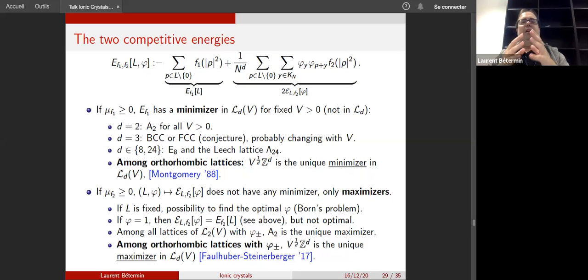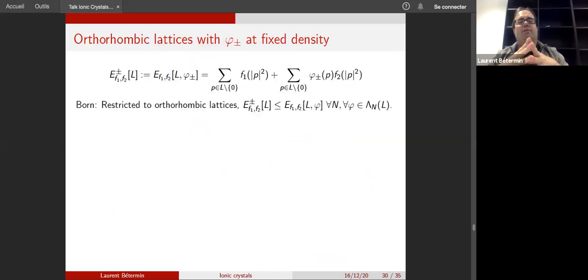Good. So now I want to present a result we obtained, a rigorous result. If you fix the structure to be orthorhombic and you fix the charge to be plus minus 1. The first thing that we know is that if I'm orthorhombic, the optimal distribution of charge I can put on my lattice is the alternating plus minus charge configuration.